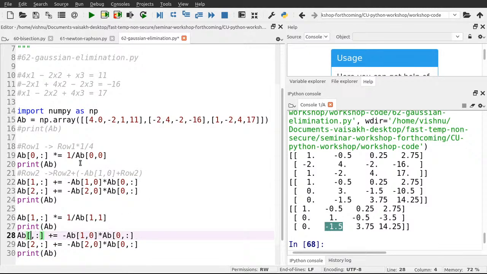So which is that row? This is the 0th row. So AB, which element we should add? Not 1 0, the second element, which is 1 1. So what is required? Row 1 should become row 1 plus minus... Okay, how many times do we require?